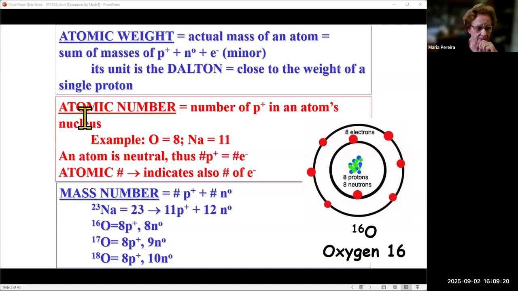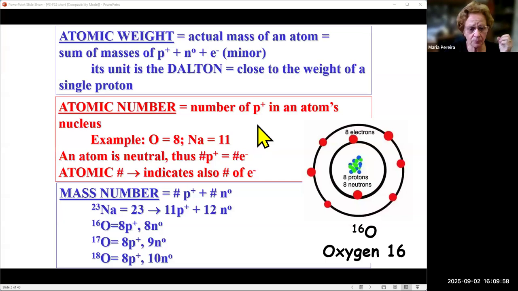Now, let's see the second parameter or number that defines an atom, and that's the atomic number. So the atomic number, you have to remember, equals the number of protons. So remember, protons are positively charged, and the atomic number equals the number of protons. So if in a neutral atom, we know the number of protons, because this atom is neutral, you could calculate the number of electrons.